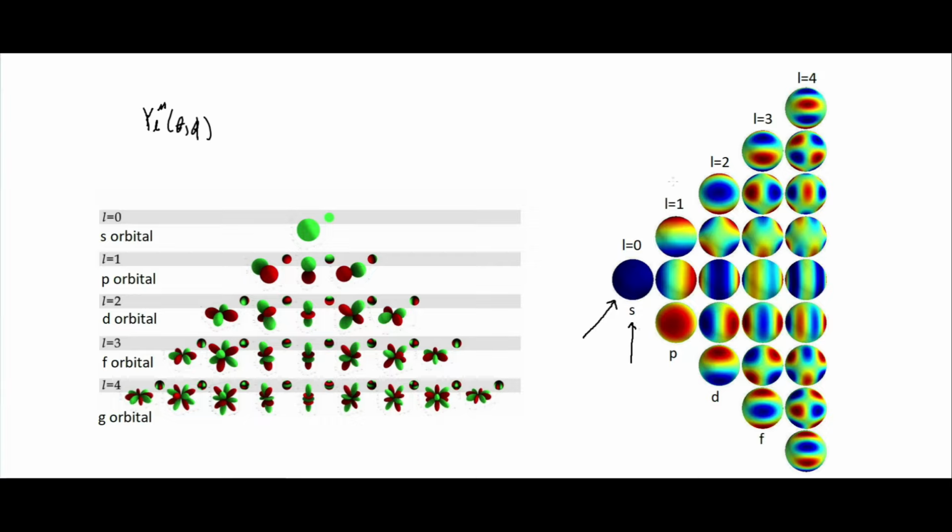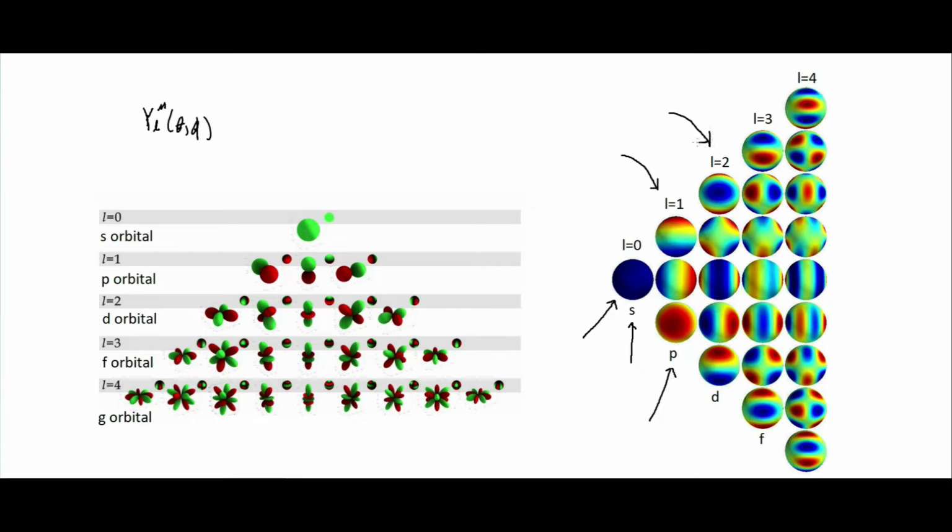Then when L equals 1, M can be -1, 0, or 1, and so we end up with three different possible waves, or spherical harmonics, and that is the p orbital. Then when L equals 2, we can have M be -2, -1, 0, 1, or 2, and so we end up with 5 of them.